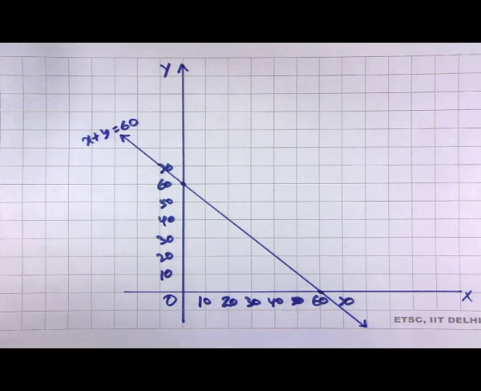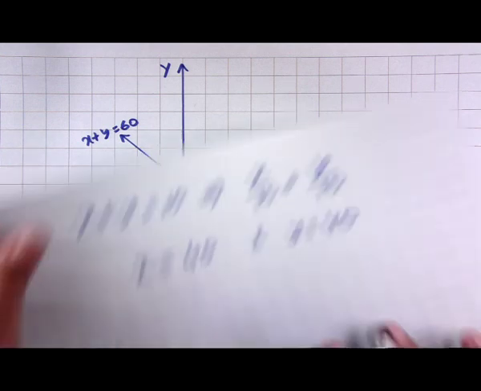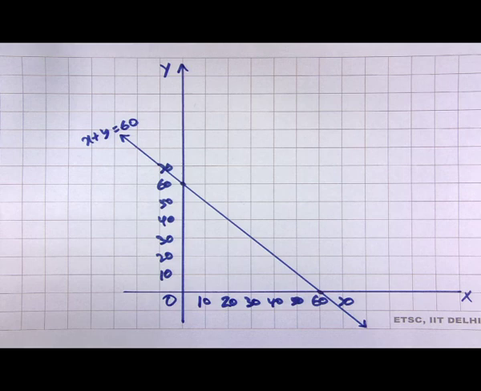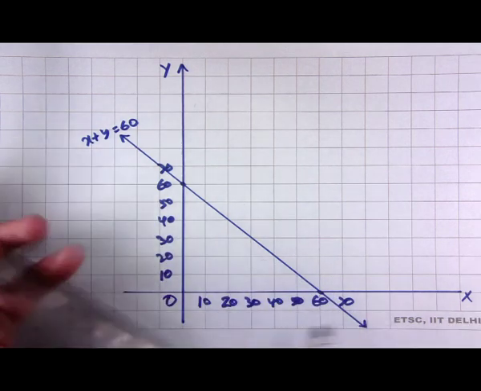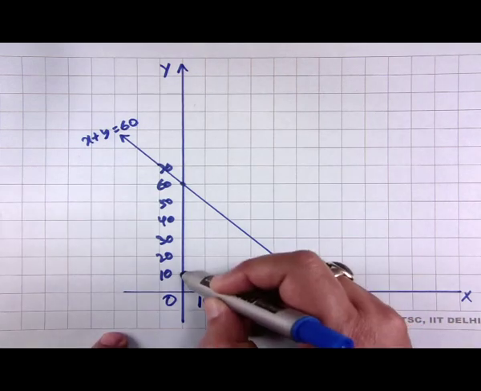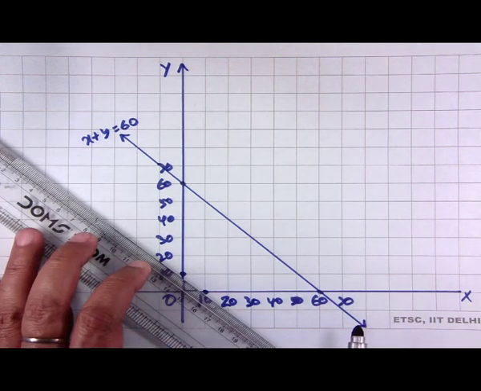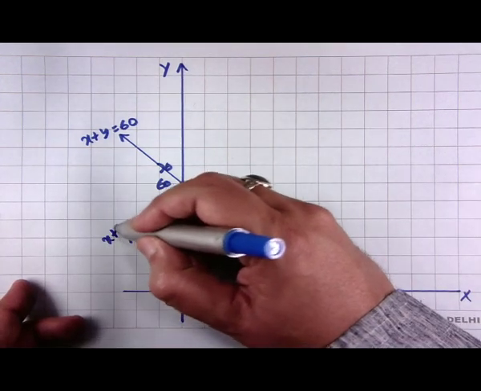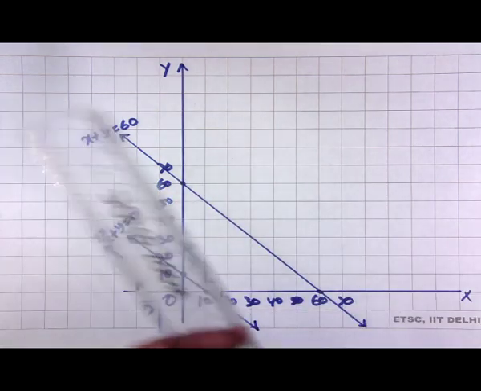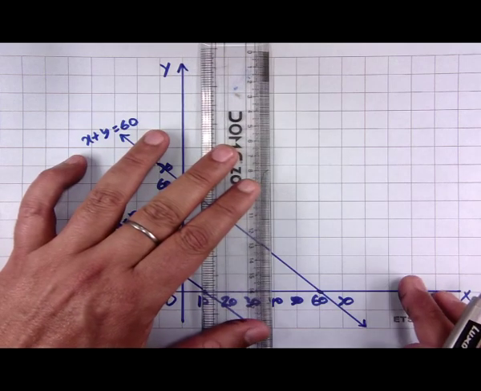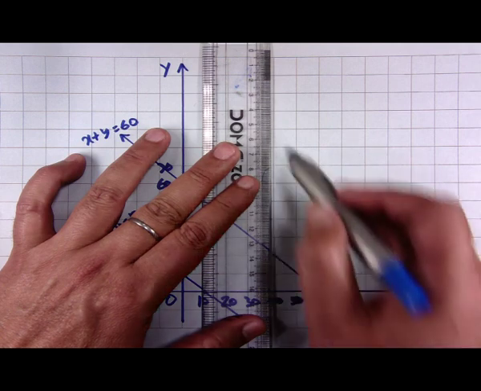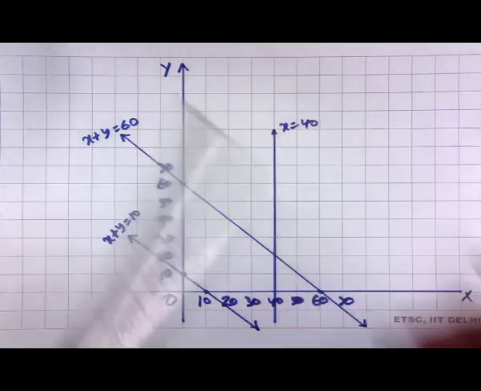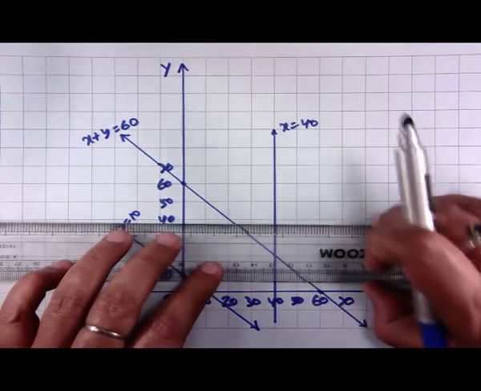Second equation, x by 10 plus y by 10 equal to 1. x equal to 40 is a line parallel to the y-axis, and y equal to 40 is a line parallel to the x-axis.